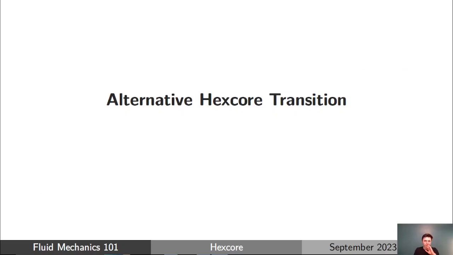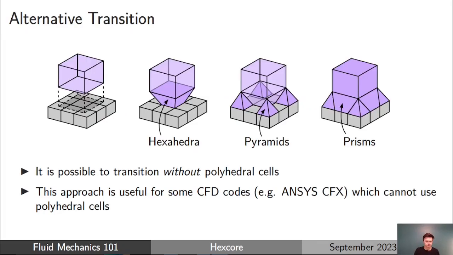Now, I want to draw your attention to an alternative method of transitioning between the small cells and the larger cells, because this is used by some Hexcore mesh generators, and you may have seen this before. The reason for this alternative transition is that some CFD codes want to use a Hexcore approach because those cube-shaped cells are ideal and we would like to use them if possible.